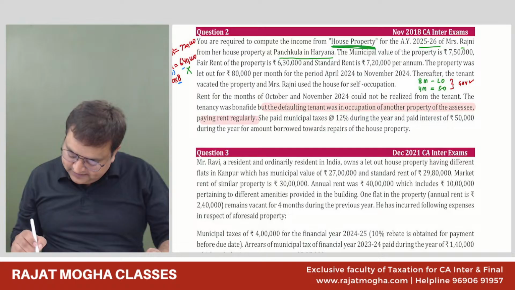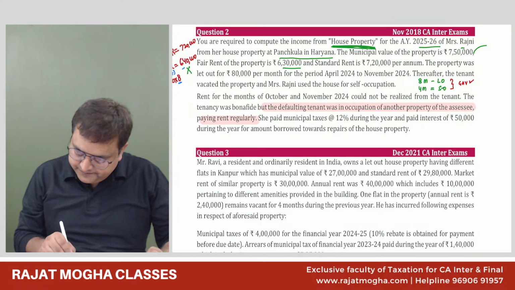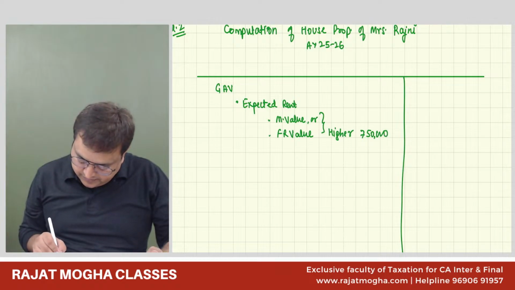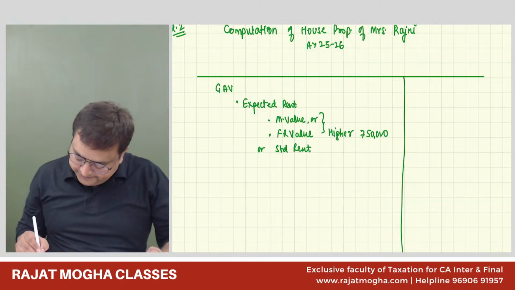The municipal value was 750 and 630, whichever is higher, 750, or standard rent was 720, whichever is lower.